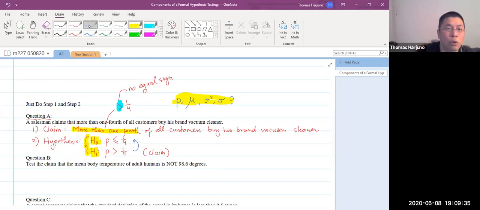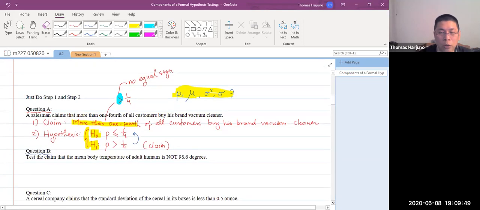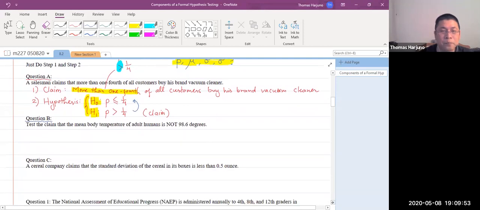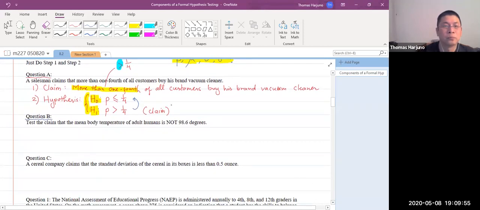Now let's do question B. Test the claim that the mean body temperature of all adult humans is not 98.6 degrees Fahrenheit. Can you try that?